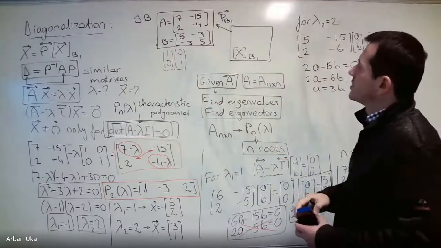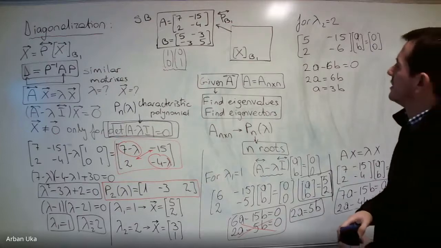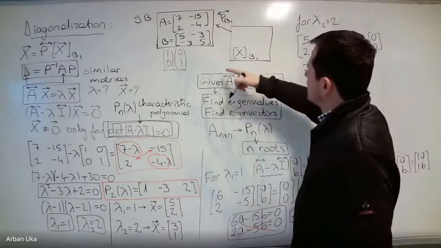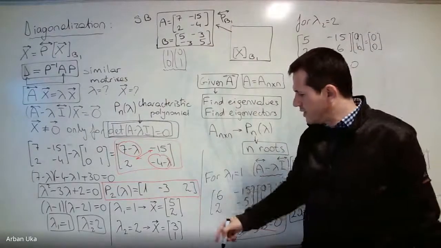So it looks like for the linear transformation represented by the matrix A, which is 7, 2, minus 15, minus 4, the basis which is going to diagonalize the matrix A is composed of these two vectors, 5, 2 and 3, 1.